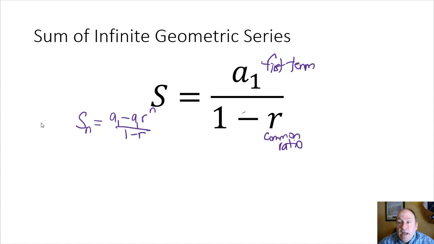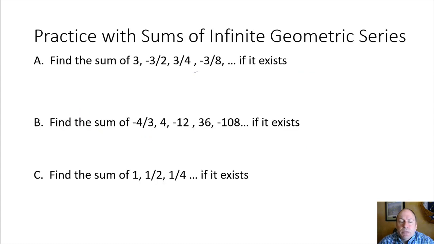So let's go ahead and calculate some. Let's look at some examples. Find the sum of 3, -3/2, 3/4, -3/8 if it exists. So first we've got to find that common ratio r, and that's going to be equal to a sub 2, -3/2, divided by 3.